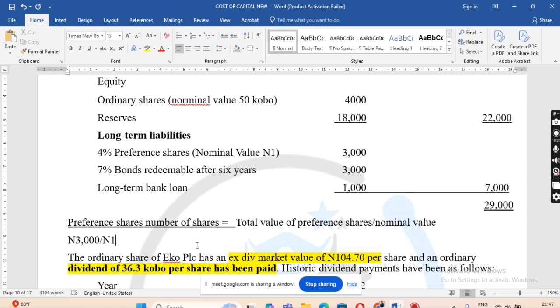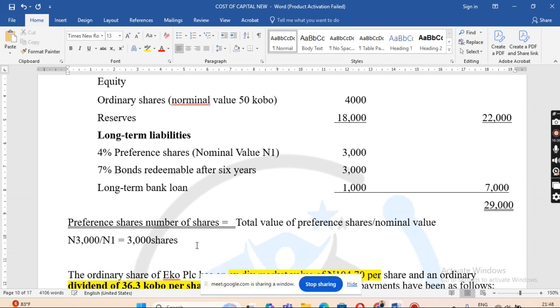The first thing you need to do is get the numbers of shares for preference shares. When you divide this, you get 3,000 shares.